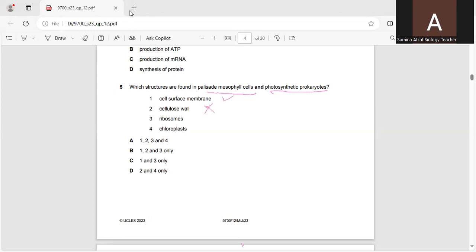Cellulose wall, no, a cellulose cell wall is not present because photosynthetic prokaryotes have a cell wall made up of peptidoglycan. Then ribosomes and chloroplast.